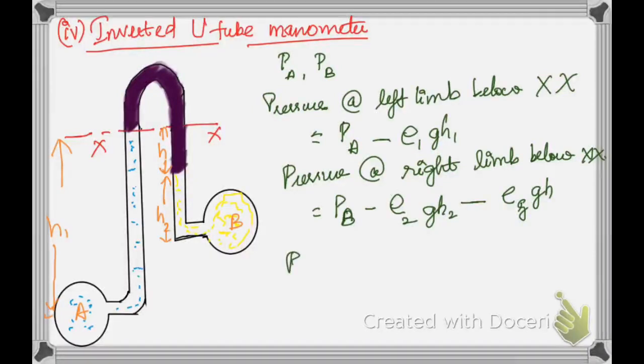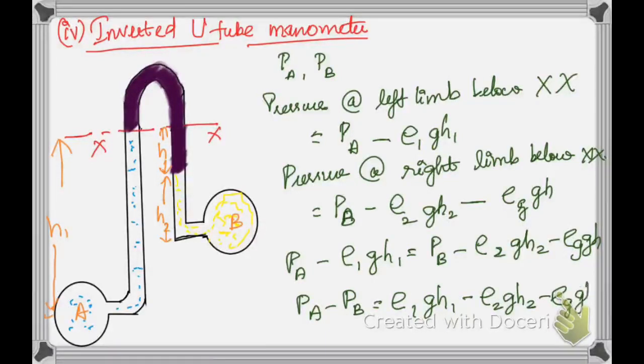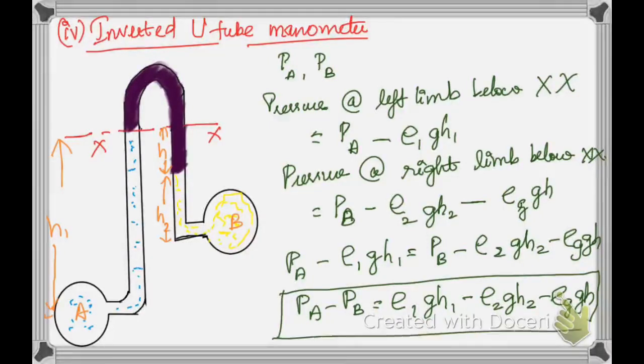So PA minus rho 1 G H1 is equal to PB minus rho 2 G H2 minus rho G G H. Therefore, PA minus PB is equal to rho 1 G H1 minus rho 2 G H2 minus rho G G H. So this is the concept of the inverted U-tube manometer.